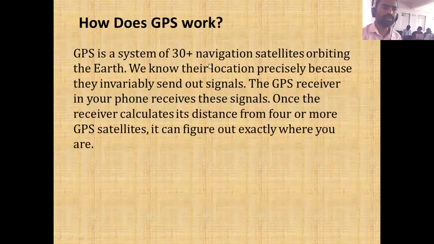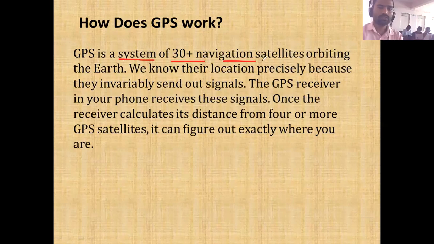Okay, how does this GPS work? This GPS works as a system of 30 plus navigation satellites. Okay, it may be a little hard to understand, so just look at this one. 30 plus navigation satellites orbiting the Earth. We know their location precisely because they invariably send out signals.